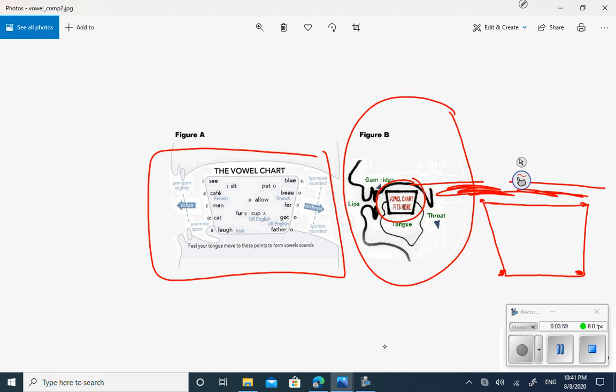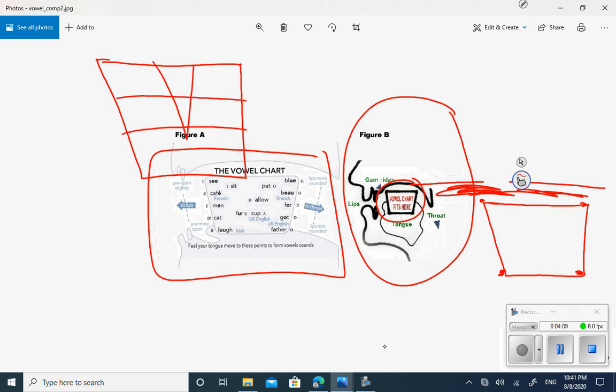Now, in such charts, we are talking about different things. This is the front of the tongue, this is the center of the tongue, and this is the back of the tongue. This area here is known as close.